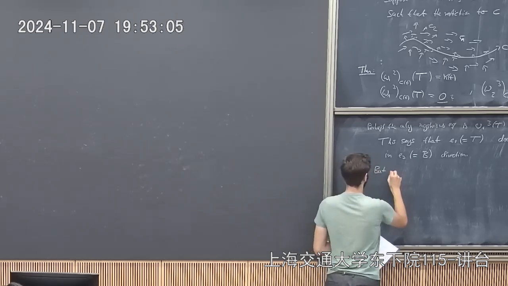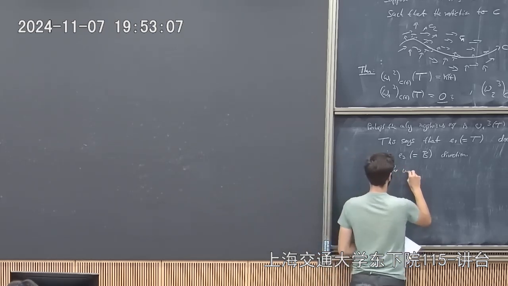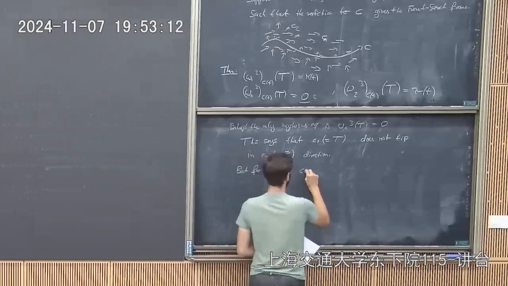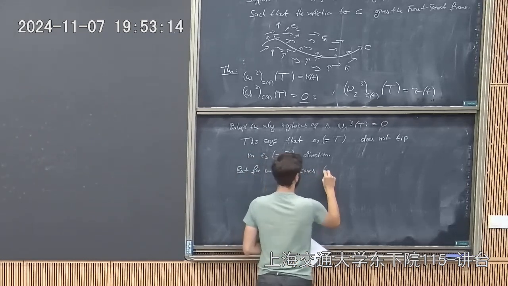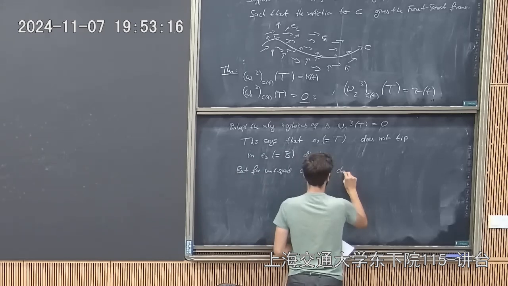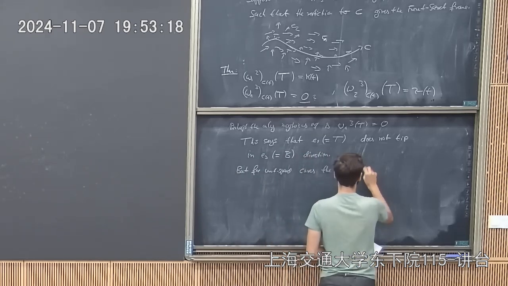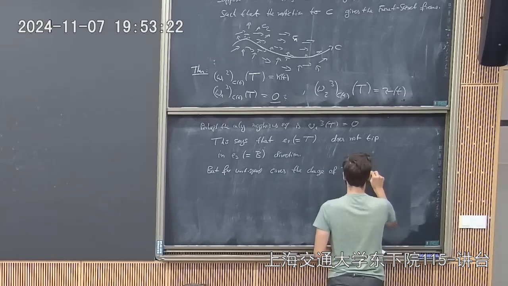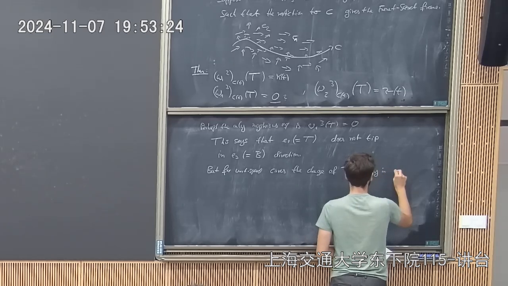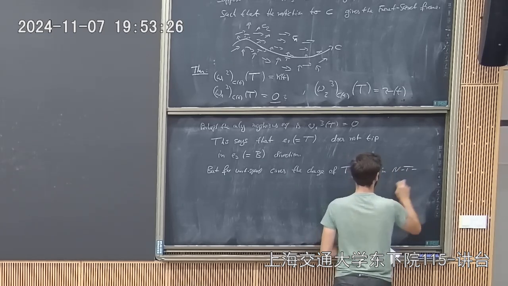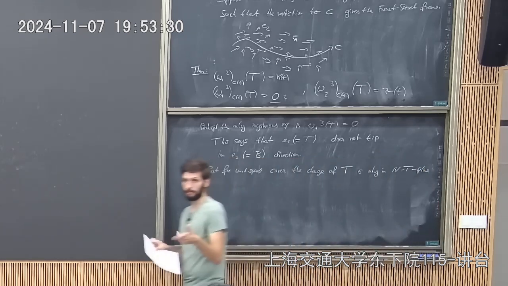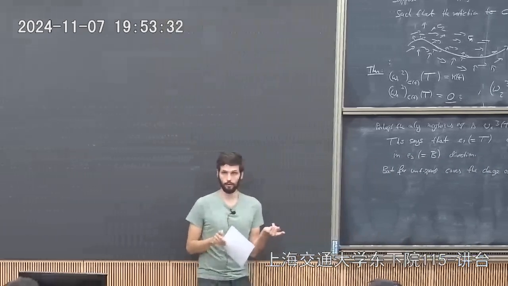So for unit speed curves, the change of T is only in the n-t plane. It was only in this plane of the n and the t that the t is changing.